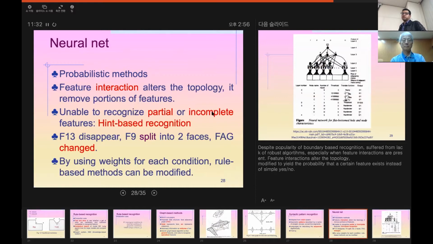So, boundary-based recognitions are very popular, but they suffer from a lack of robustness in their algorithms, especially when feature interactions are involved. Feature interactions alter the topology, and they may result in the removing of some portions of features. An example is given, although I don't think it's very easy to understand here.